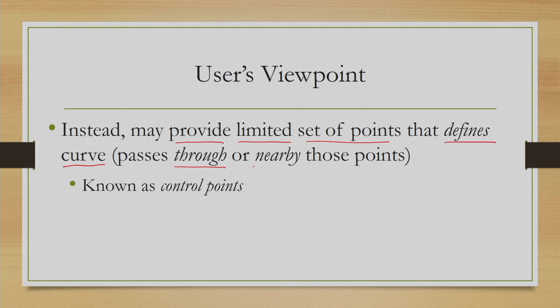In other words, these points are chosen such that the curve passes through or nearby those points. These points are also known as control points. So, the alternative to the user is to provide a small set of control points instead of providing a large set of points through which line segments can be drawn or give a precise curve equation.